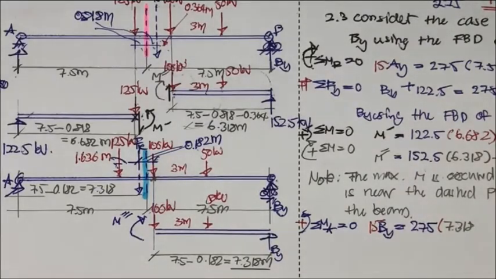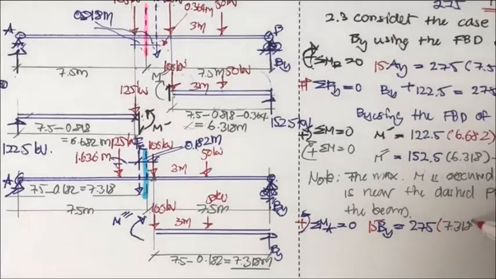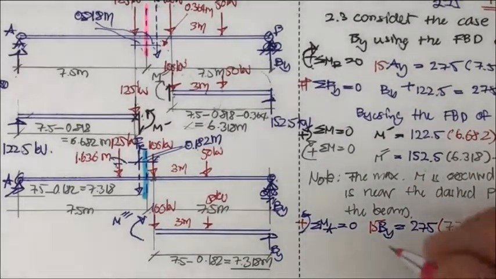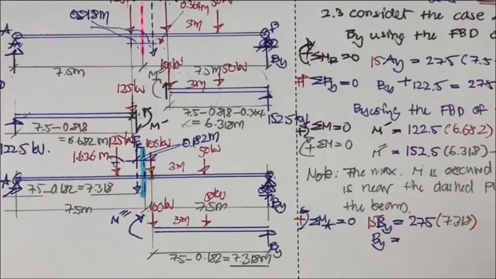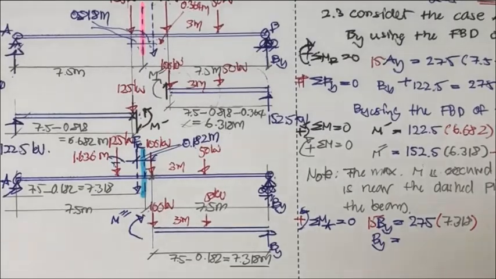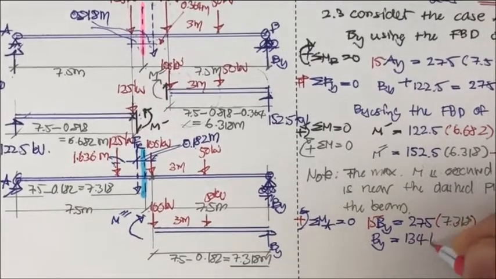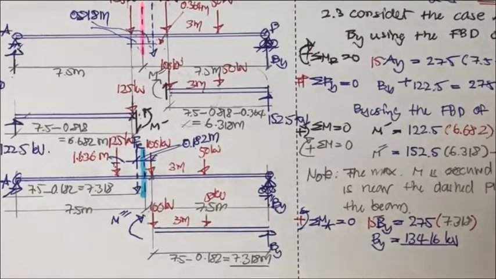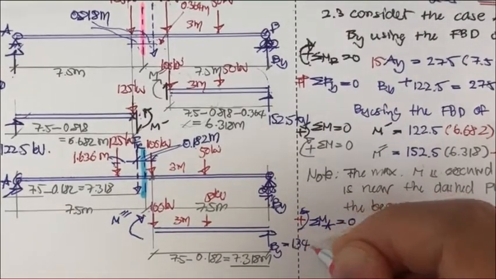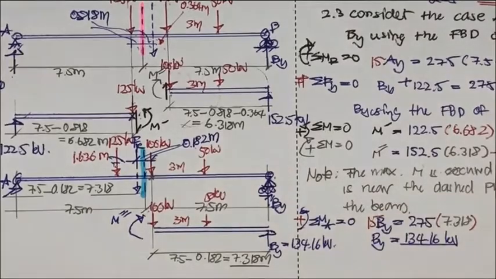Then we get the B sub y. B sub y equals 134.16 kilonewton. We get this. Okay, and also 124.16 kilonewton here.